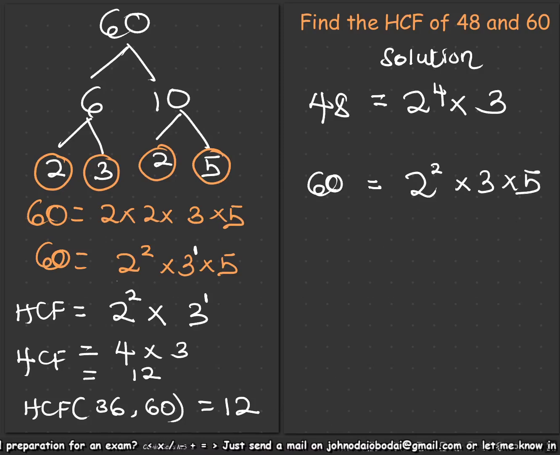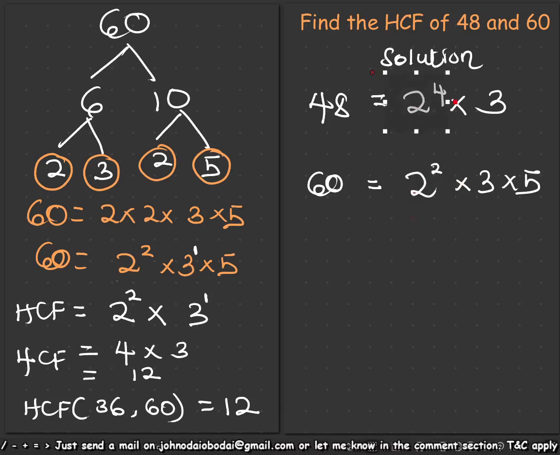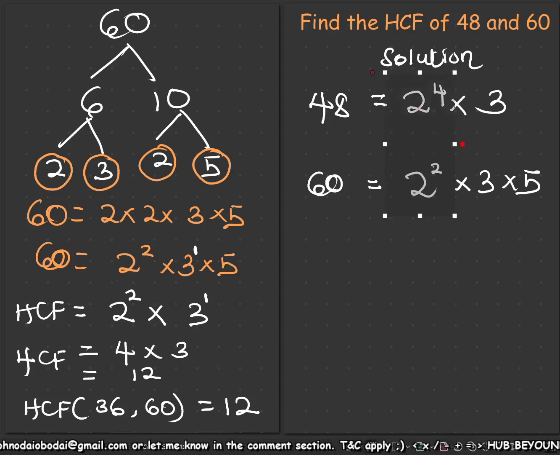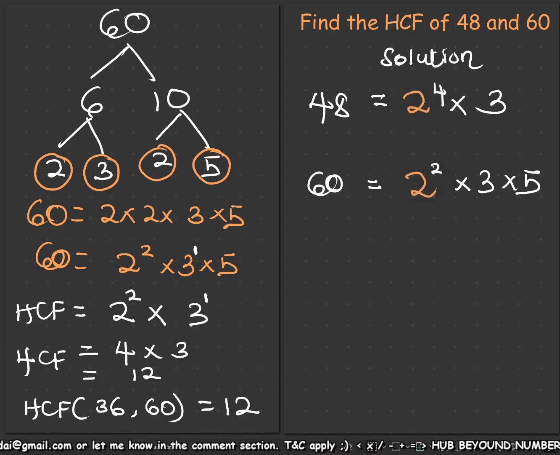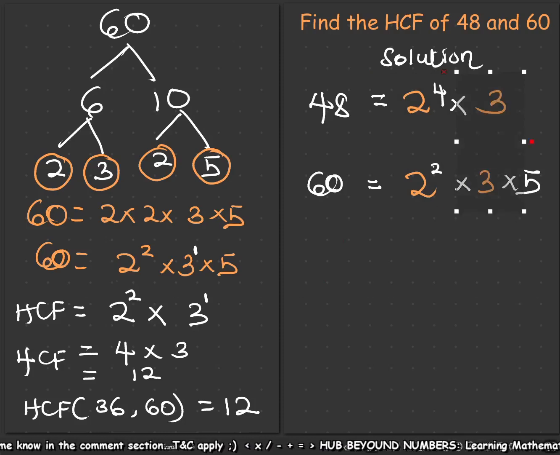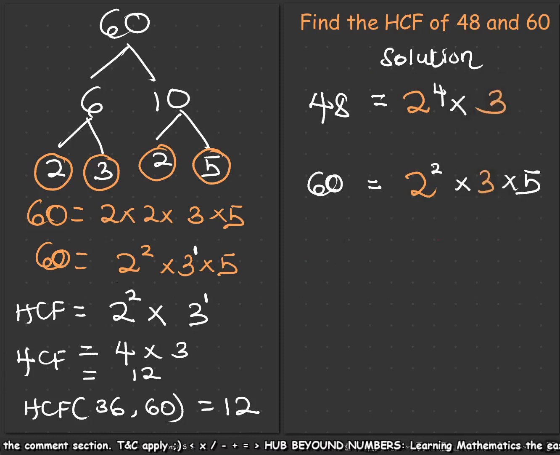So if you take note, you realize that the common factors or the prime numbers that are common to both of them is what? We have 2 and then what? 2 here and then the 2 here. And then there's a 3 here and there's also a 3 here. You get that? So 2 and 3 are common to both.